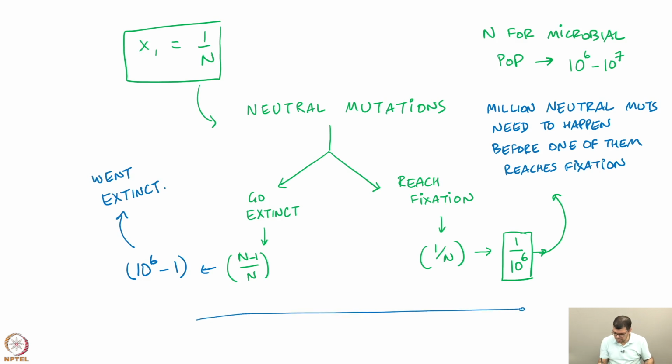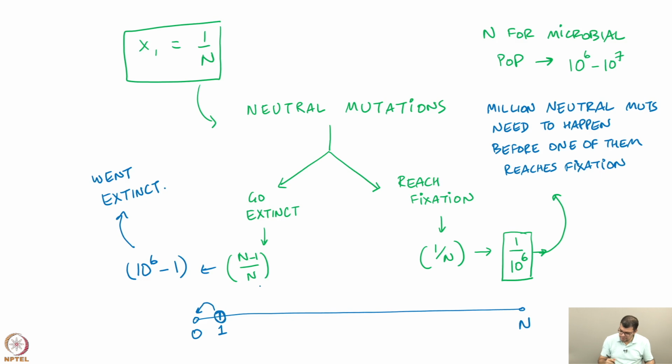Again on the number line, this is when the mutation arose, this is 0, this is n. So, a mutation arises, the probability that it will reach here is n minus 1 upon n.